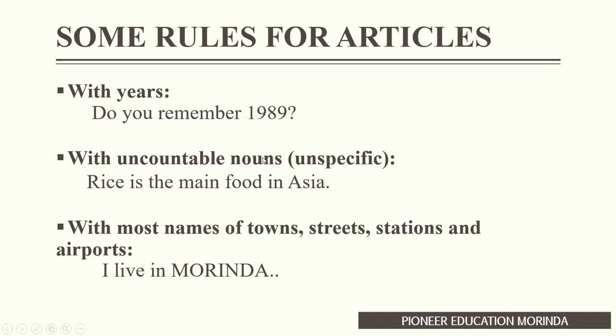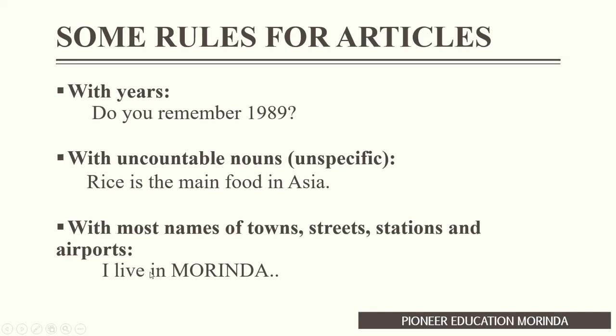With uncountable nouns, when they are unspecific, rice is the main food in Asia. So rice is an uncountable noun here. With most names of towns, streets, stations and airports, because in general they are proper nouns, we do not use any articles with them.